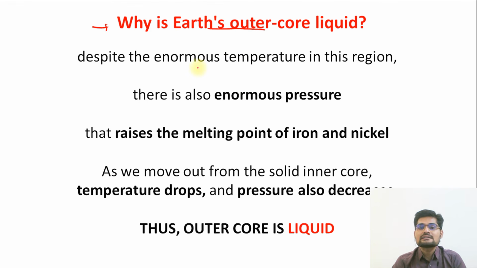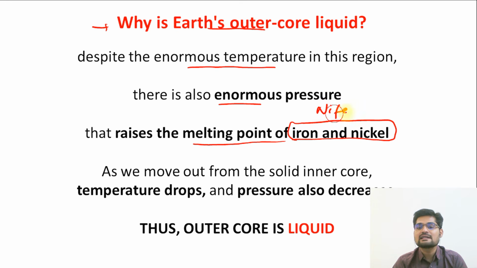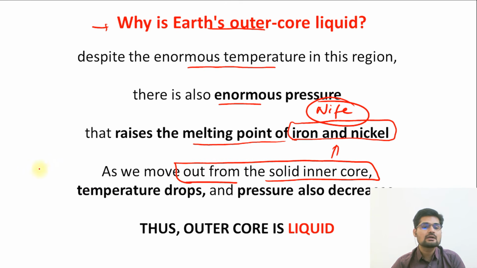As we know that there is enormous temperature in this region, there is also enormous pressure. That raises the melting point of iron and nickel. So the melting point of Nife is raised. So what happens here? As we move out from the solid inner core, remember, the inner core is more dense and has more temperature.